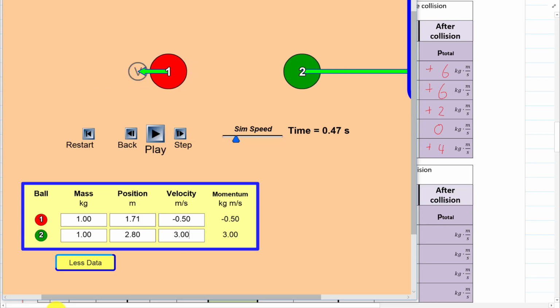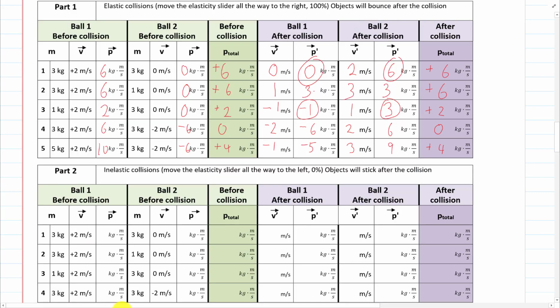Yeah, they swapped. Cool. Okay. Next one, let's calculate this up now. This is going to be 6, and this is 6, and this is 2, and this is 6. This is 0, and this is 1. This is, oh no, this is 0, and 0, and negative 6.